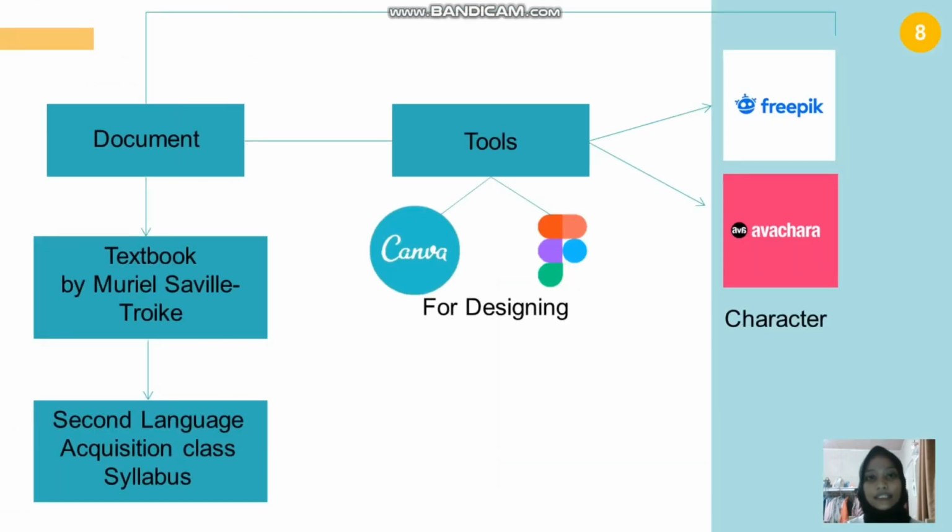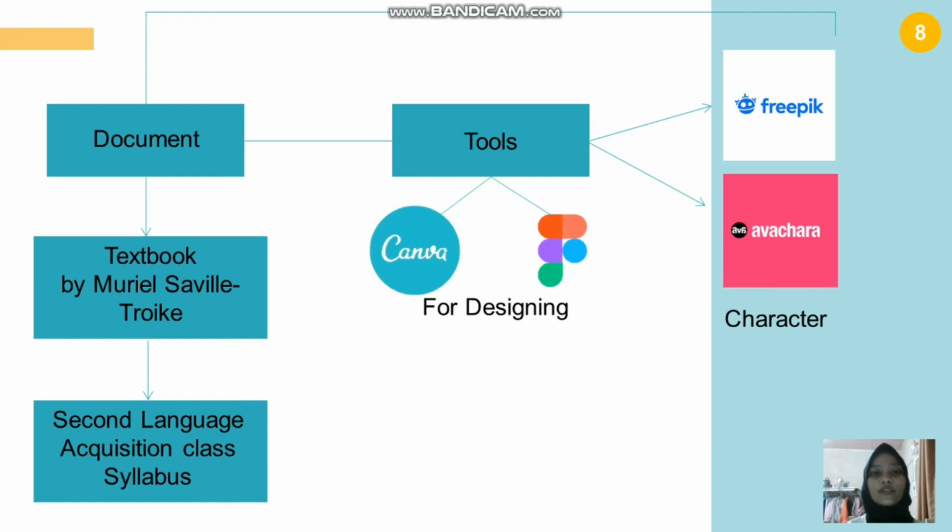And document analysis, there are 2 documents: the textbook by Muriel Saville-Troike, entitled Introducing Second Language Acquisition, and also the second language acquisition class syllabus in order to know the competencies that should be achieved in this class. And the tools that will be used in this developmental research are Canva, Figma, Freepik, and also Avakara.